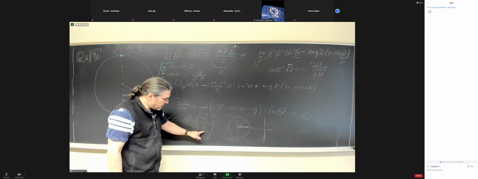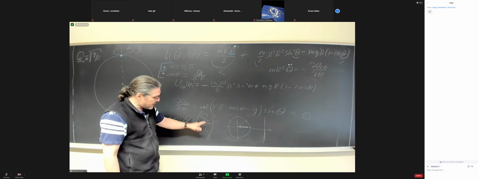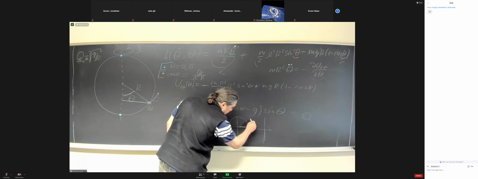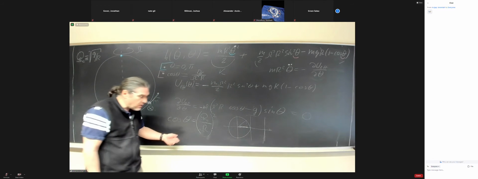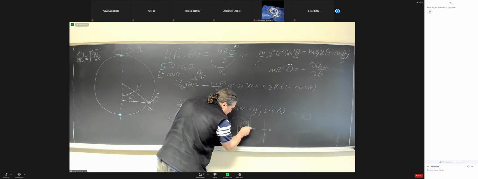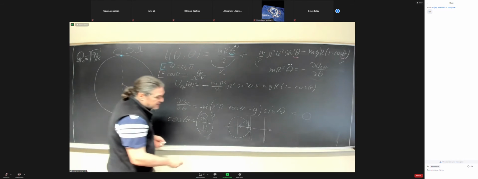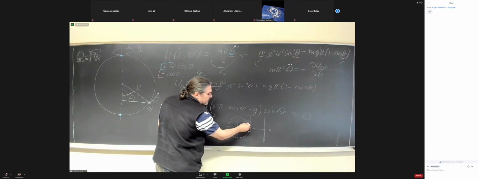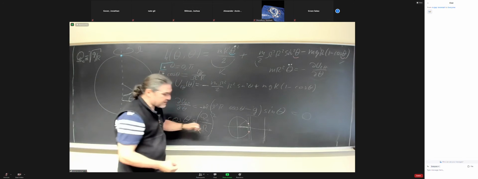Now if I increase omega, when omega equals omega critical, this is 1, and my line is exactly here. And if I increase it even more, then my line goes here, and my solutions are exactly those two points, because the cosine of those two points equals exactly omega critical squared divided by omega squared.